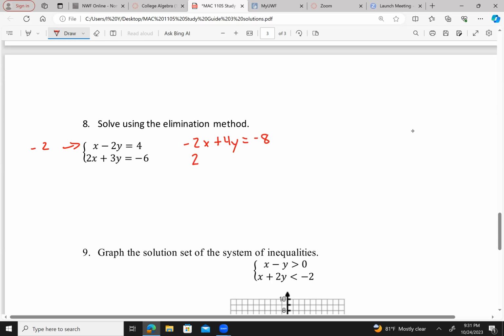Move over the other equation, 2x plus 3y equals negative 6. Add them together and I have 0 plus 7y, that's a 0, equals negative 14. So y equals negative 2. Then I plug it in and I get negative 2 minus 2. Yep.